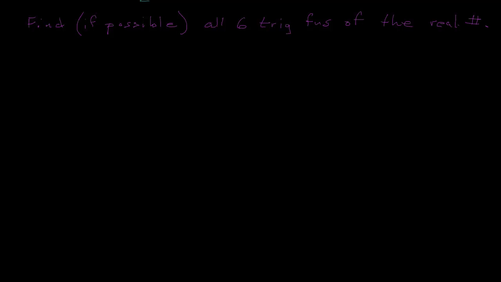So let's say the real number is pi/2. Well, the coordinates for pi/2, do this real quick, we know are 0, 1. So we know that this is our point, 0, 1.